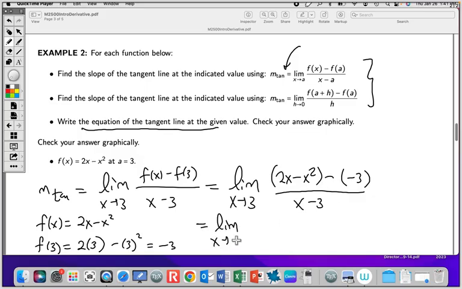That'd be the limit as x goes to 3 of, I'd have a minus x squared plus 2x plus 3 divided by x minus 3. And as we mentioned in class, every single one of these, when you do a direct substitution, x equals 3, you should get a 0 in both the numerator and denominator, because we're looking at this instantaneous slope.